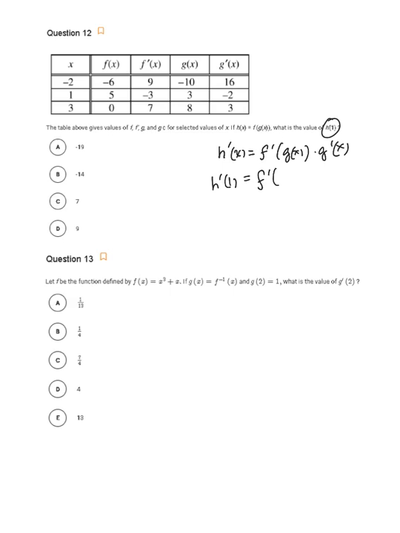Well, what's g of 1? g of 1 is 3 times g prime of 1. What's g prime of 1? Negative 2, yep. And so then I have f prime of 3, which is 7, times negative 2. So you get negative 14. So that's how they ask the chain rule, and that is a common way that they ask it.